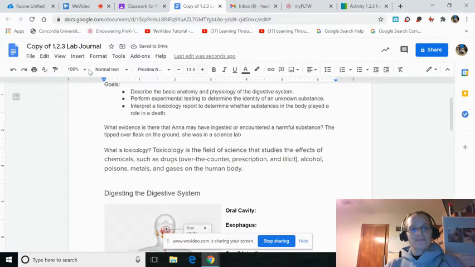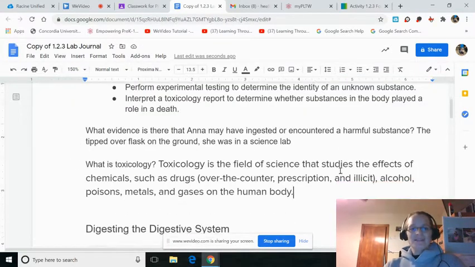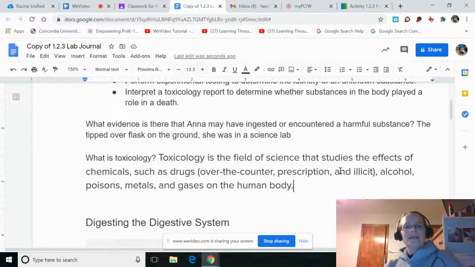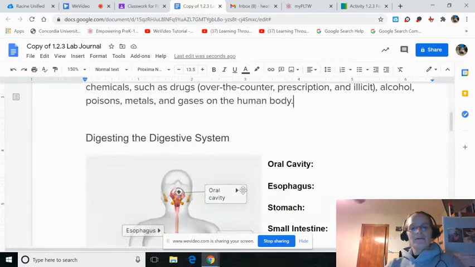Let me make this bigger so it's easier for you to see. There we go. So, toxicology is the study of chemicals such as drugs, alcohol, poisons, metals, gases on the human body. All right, so we have the digestive system to look at.